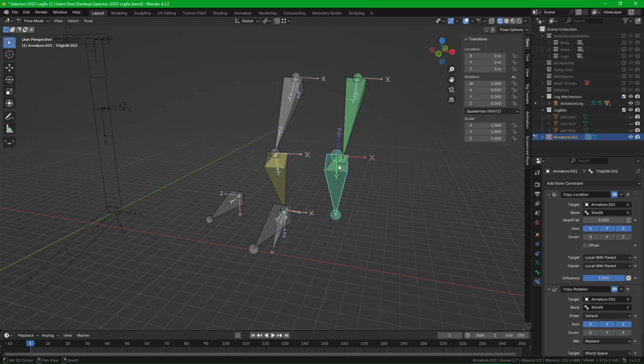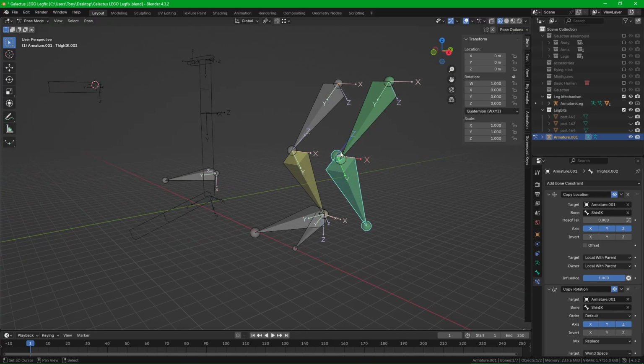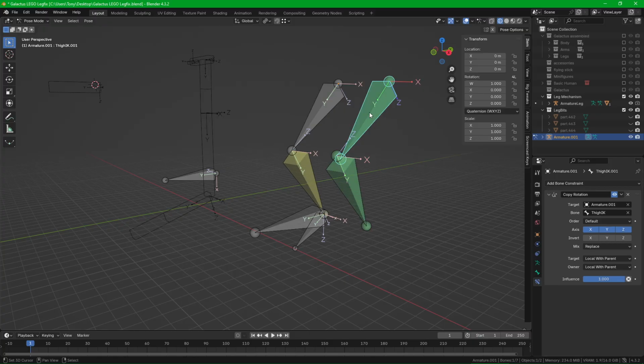But if you were using parenting, this is parented to this, so this part here is never going to move away from this part because it's directly a child of it, and then it's going to copy the rotation because it's a child of it. So this will always be lined up with this, and this will always be lined up with this.